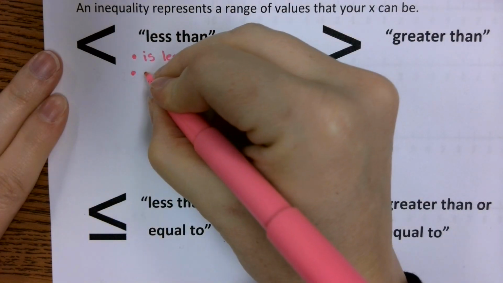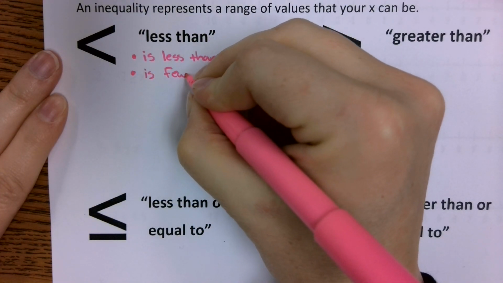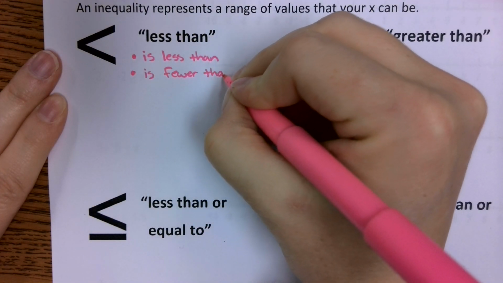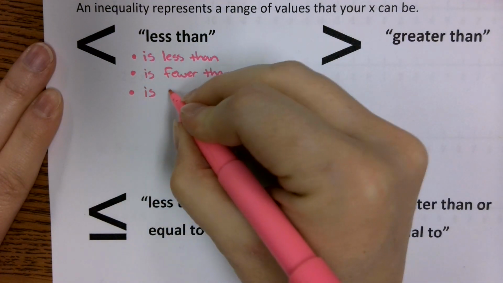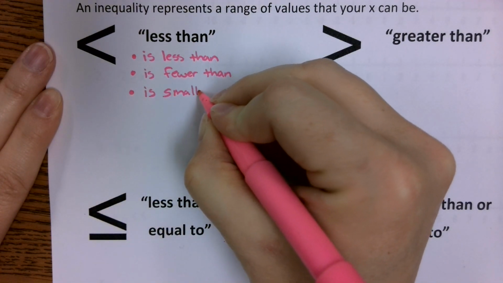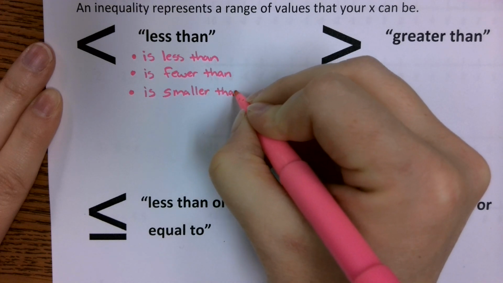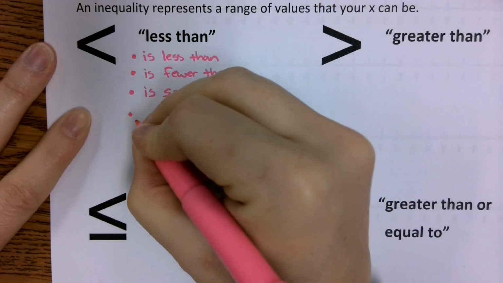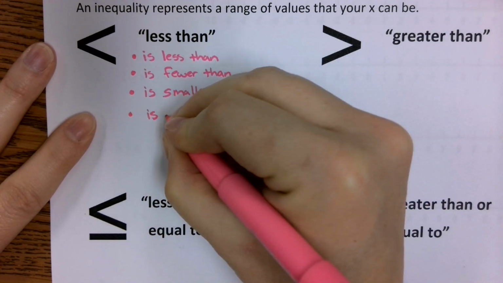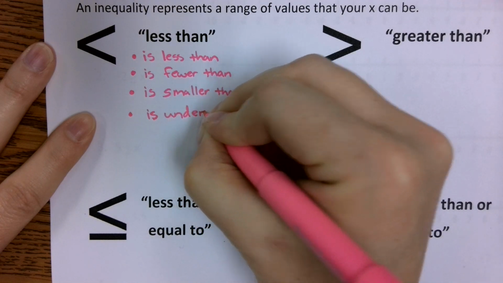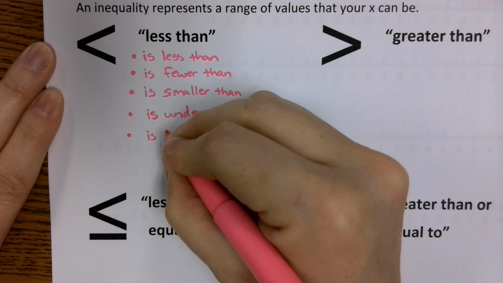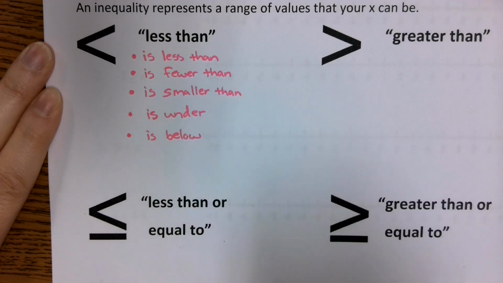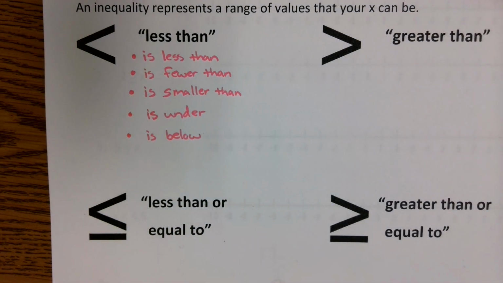If they say is fewer than, we would use the less than symbol. Is smaller than, is under. So that's one we've seen quite often before. Is below. Those all are good representations for our less than inequality symbol.